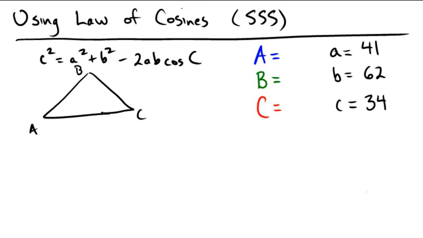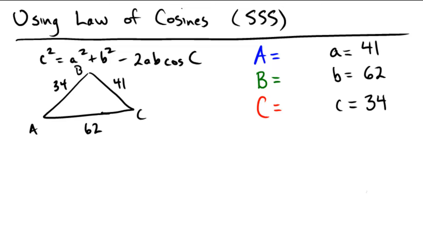We're given that side A is 41, side B is 62, and side C is 34. So with the law of cosines, if you're solving for an angle, always go for the biggest angle. We'll talk in class about why this is important, like why it becomes easier this way. But here in the video, just remember, always solve for the big angle first.